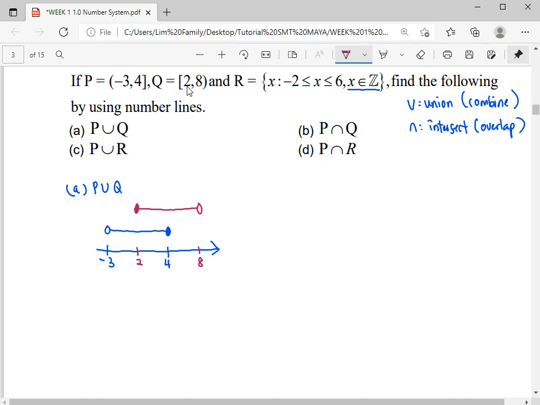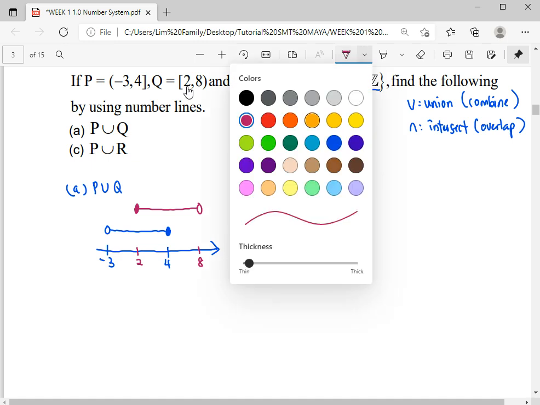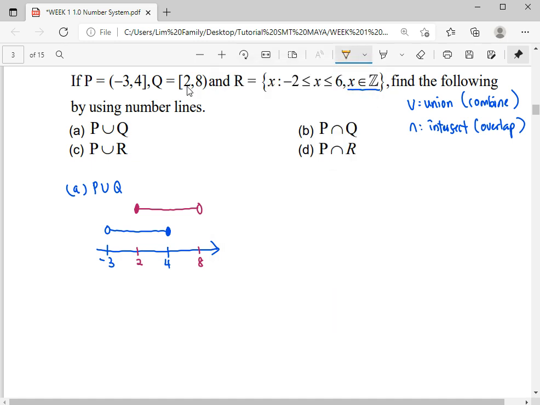So when we drag like this, we then see the first question. If you want union, then we will shade. Combine from negative 3, we combine these two lines, so we can still go until the maximum here, 8.